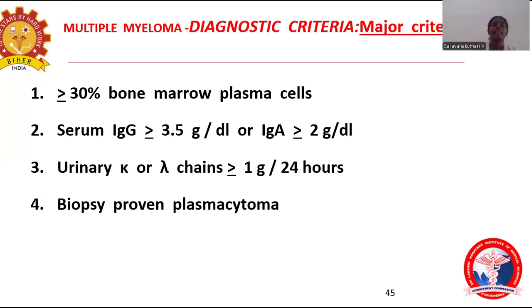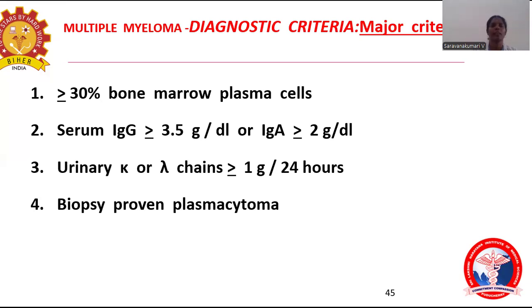Major criteria: an increase in the bone marrow plasma cells more than 30%, and serum immunoglobulins, IgG more than 3.5 or IgA more than 2 grams, urinary kappa or lambda chains more than 1 gram per 24 hours, and biopsy proven plasmacytomas.